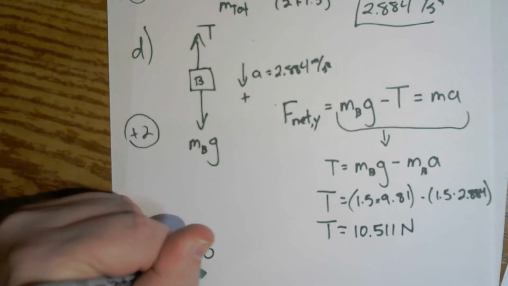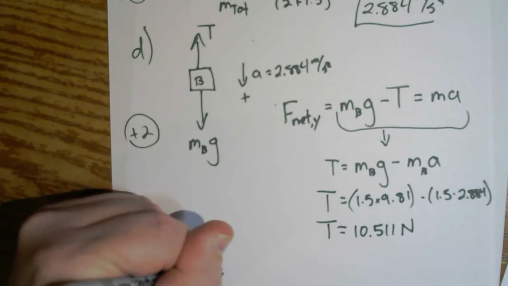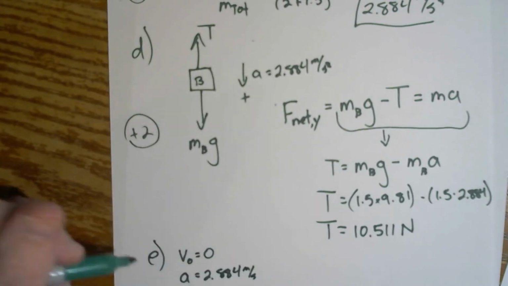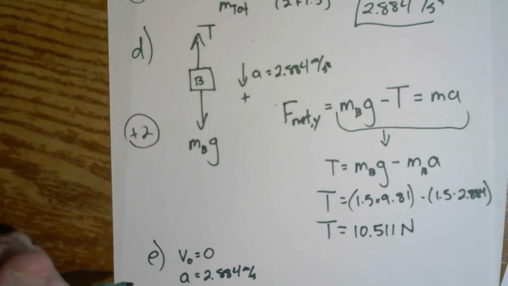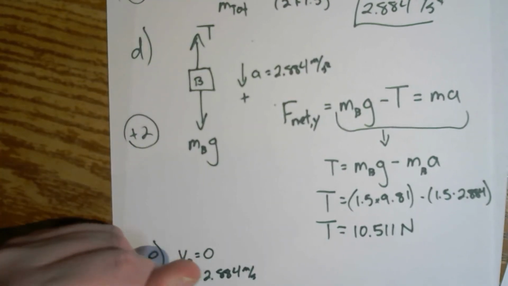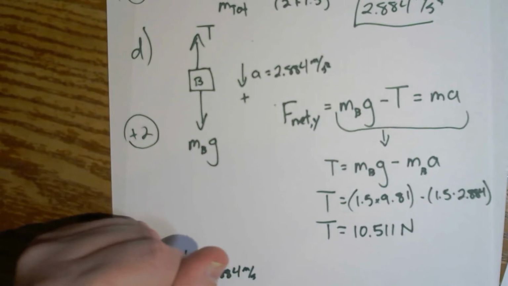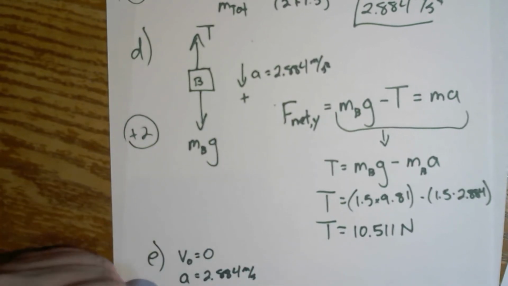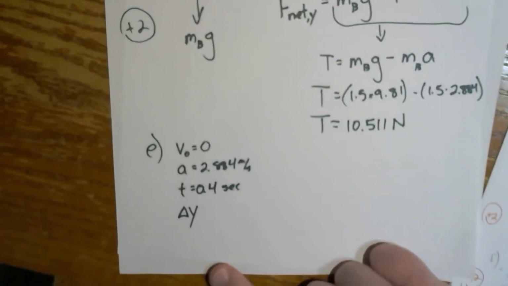We know our acceleration is 2.884 meters per second squared. That's from part C. We know the time is 0.4 seconds, and we want to find how far it moves, so I'm going to use delta y.